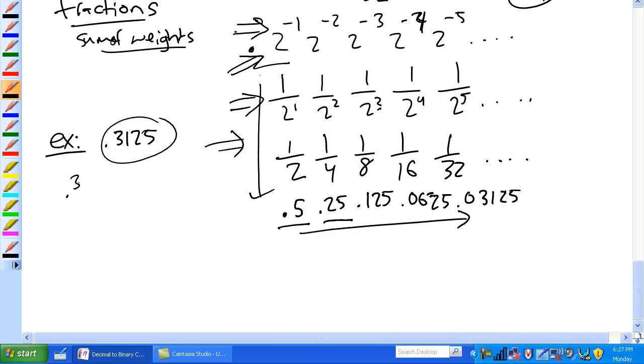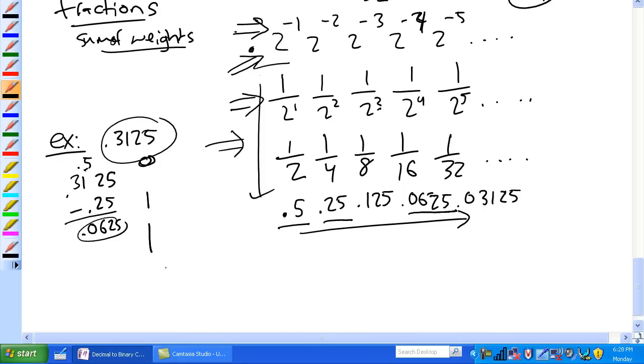So there's a 0 for the 0.5. There's definitely a 0.25 in there, so there's a 1 there. So we did 0.3125 minus 0.25, leaving us 0.0625. Well, there it is right there. So 1. Just so happens to be.